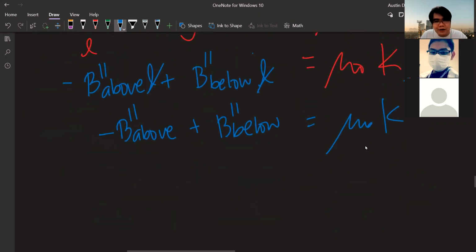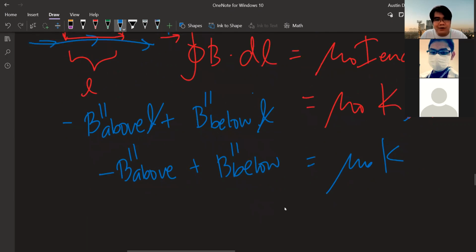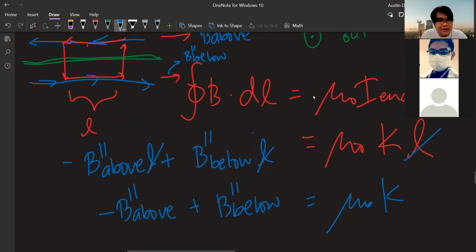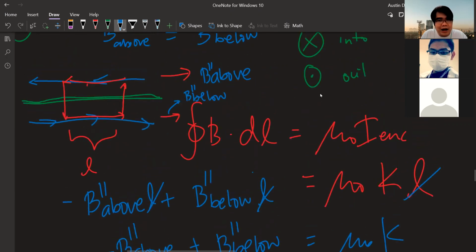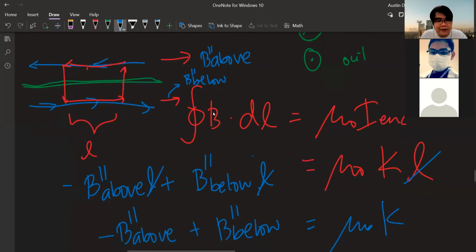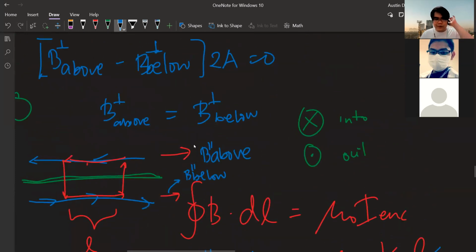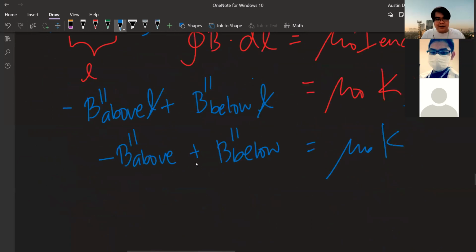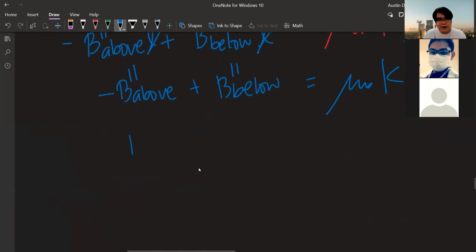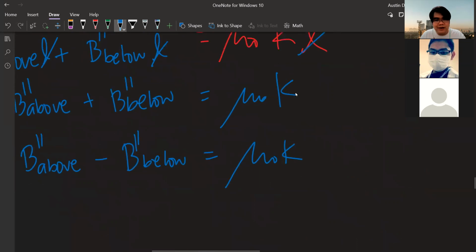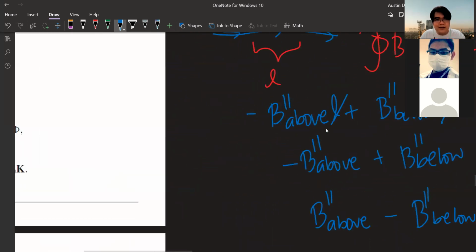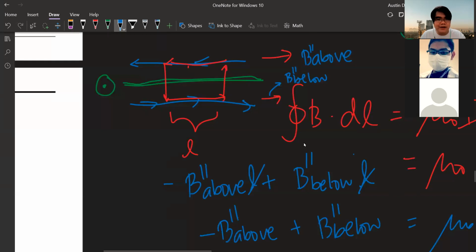Okay. So, ang assumption dito, baka maguluhan kayo sa pagtingin nyo mamaya sa libro nyo, is yung K is out of the page, papunta sa atin yung K. So, in essence, kapag binaliktad mo, pag into the page yung gagawin mo, ang magiging katumbas niyan would be B above minus B below equals mu naught K. Okay, so si K dito is intrinsically negative, kasi hindi na nakalagay dito that is out of the page siya.